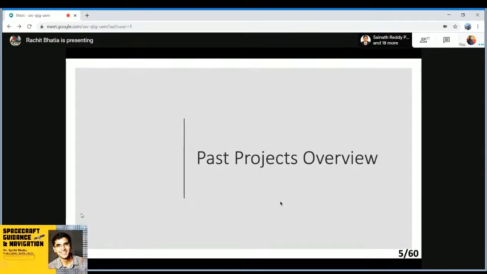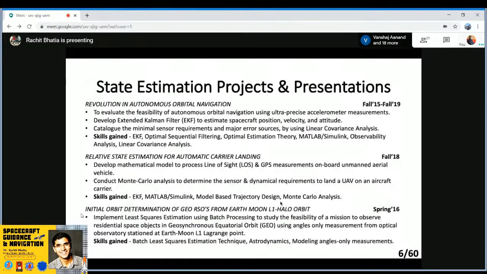Some of the past projects that I've worked on regarding state estimation, I will present today. The first one is the project that I worked on for my PhD, the revolution in autonomous orbital navigation. I will go over the details in a while.